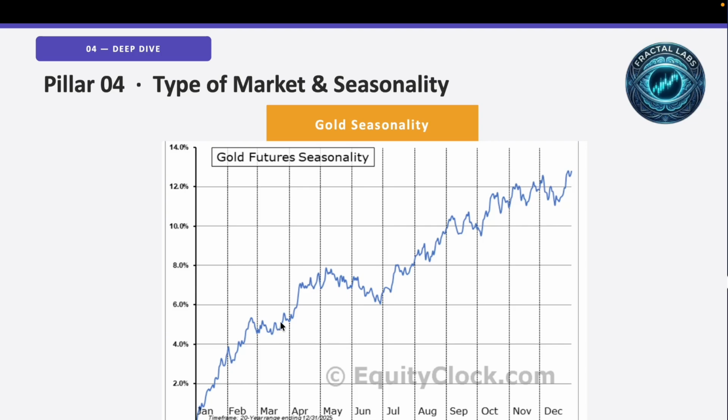March usually a period of accumulation, and then starts a second leg, a second expansion during April, so start of Q2, and then an accumulation slash retracement for the summer months, and then Q3 to Q4 just straight up for gold.